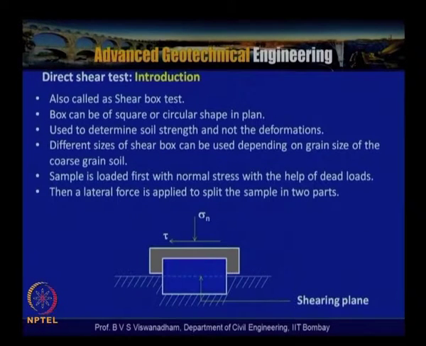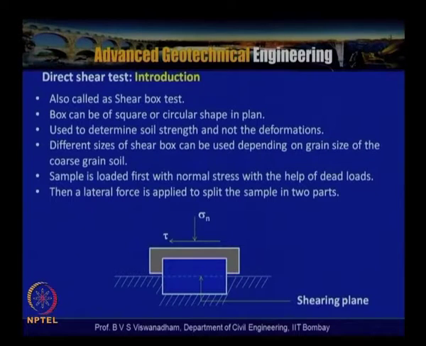So let us look into the direct shear test, which is also called the shear box test. This box can be square or circular in shape, and the box sizes are predominantly 60 mm by 60 mm, or 100 mm by 100 mm, or 300 mm by 300 mm.